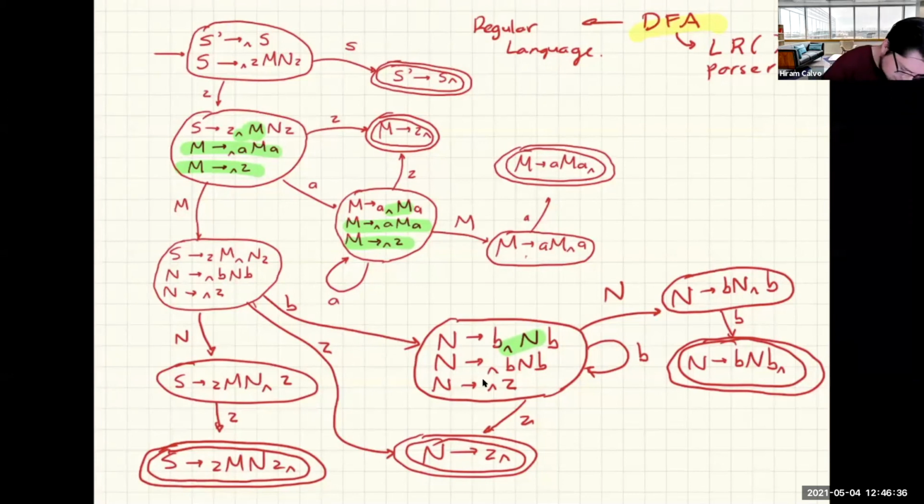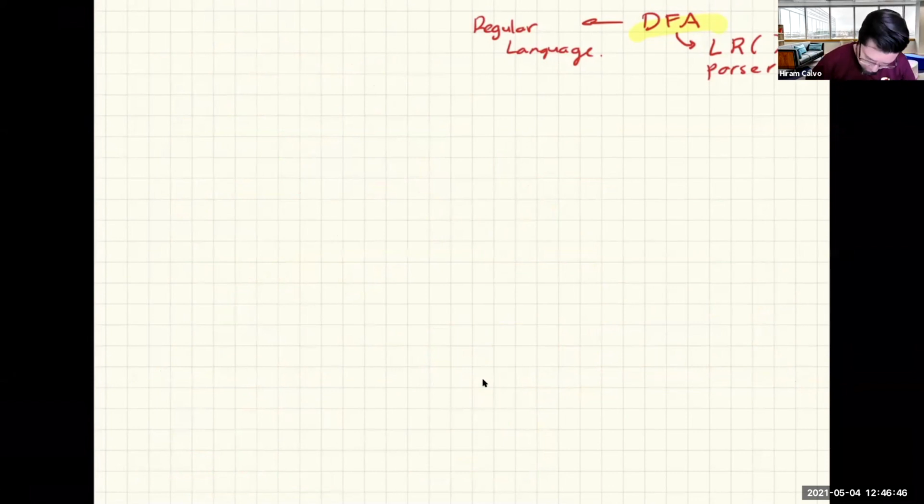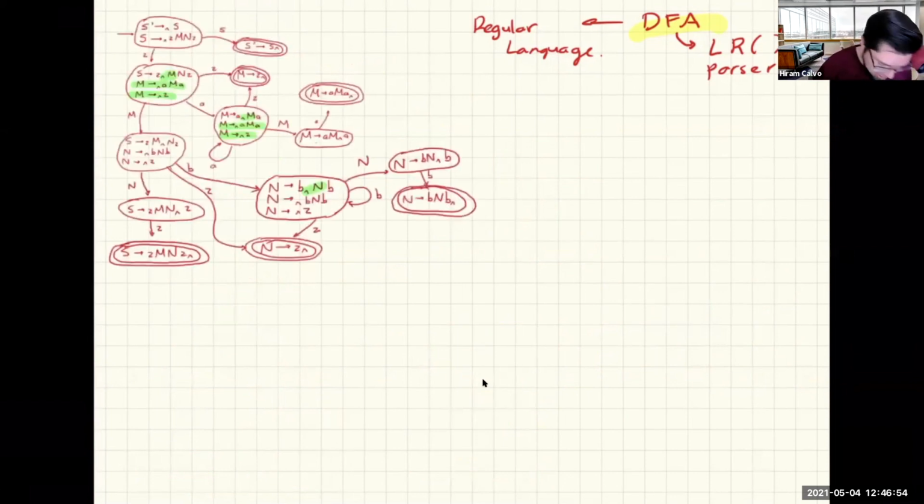So now I will try to make this smaller. And we will use this as a reference. Okay, so now I'll try to draw a table. And for drawing this table, we need to consider the state as a vertical.